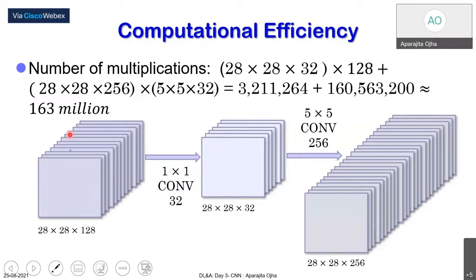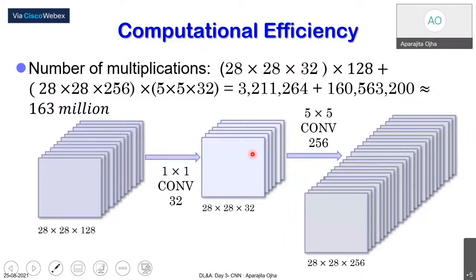And since there are 128 such values, I will have 128 multiplications. And since there are 28 cross 28 cross 32 outputs, that will be 128 multiplied by 28 cross 28 cross 32.